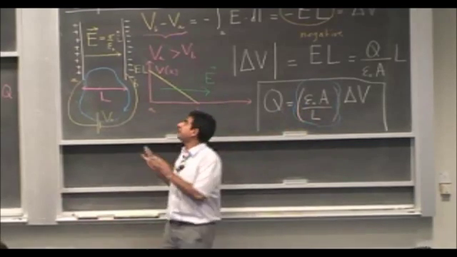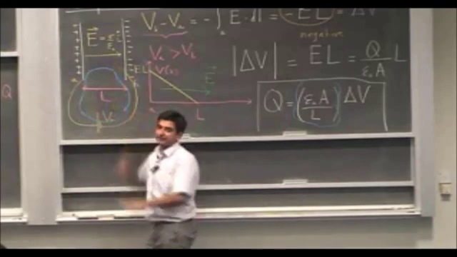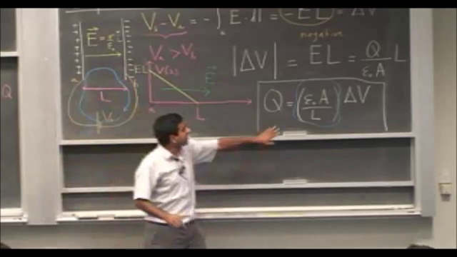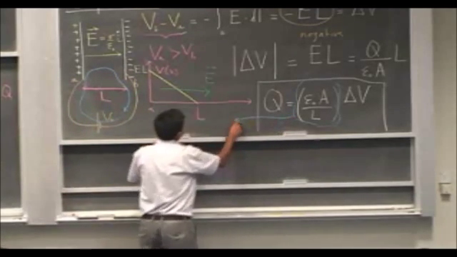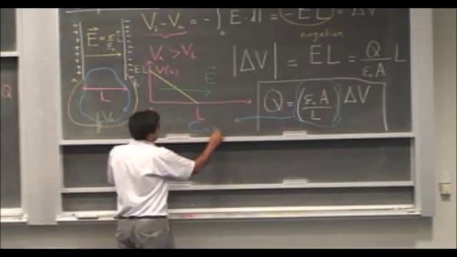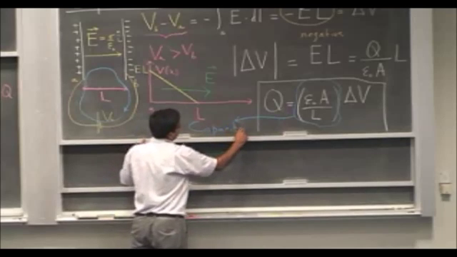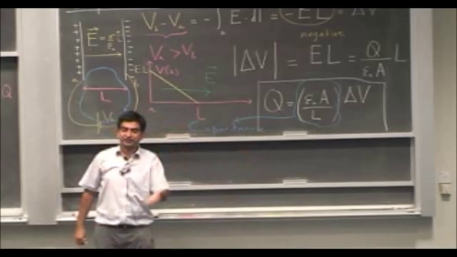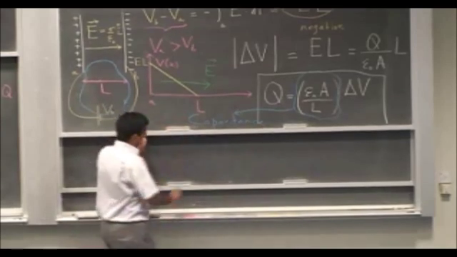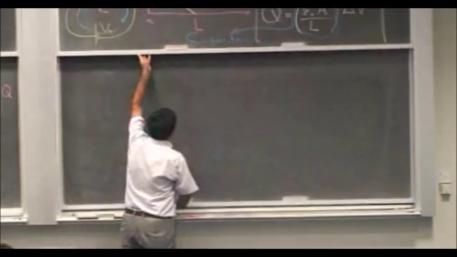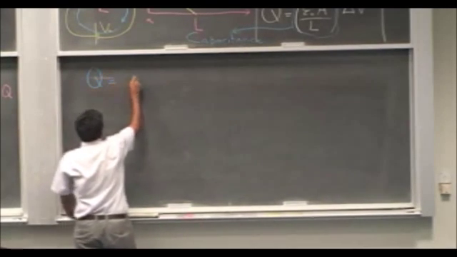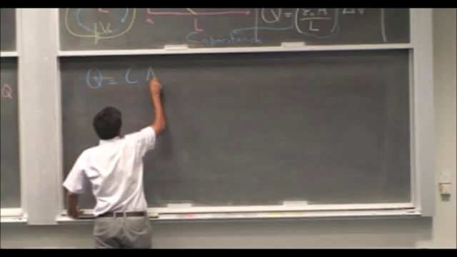Epsilon naught is for the medium in between these plates. In our case it's vacuum or air. So this factor is called the capacitance, and it is determined by the geometry of the system. So my relationship can be summarized as Q equals C delta V.